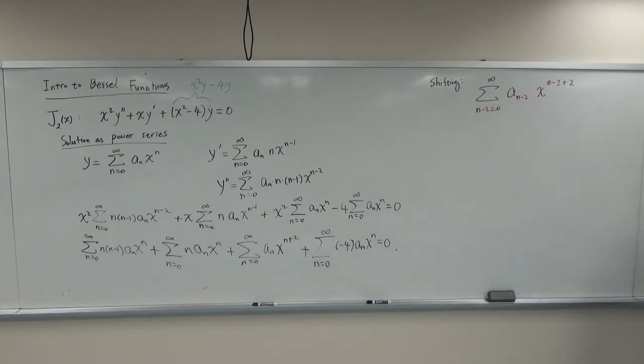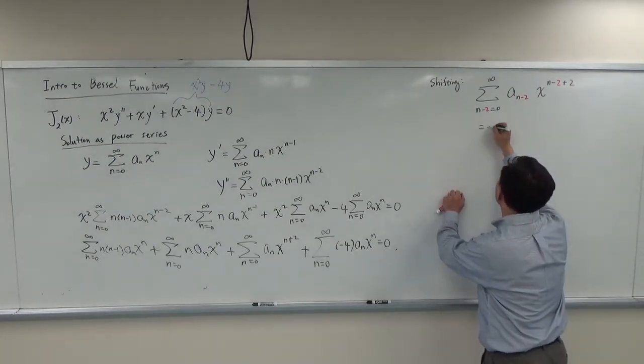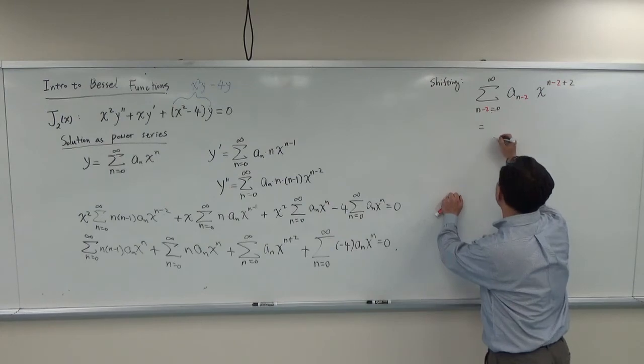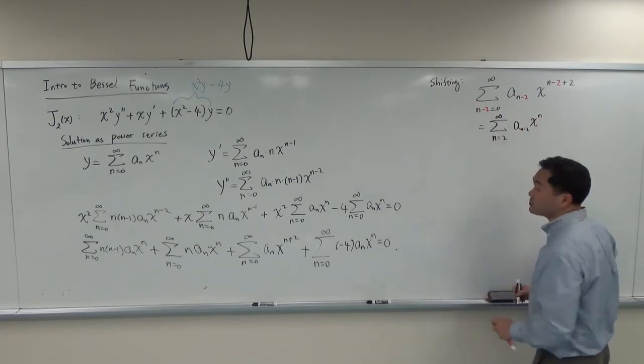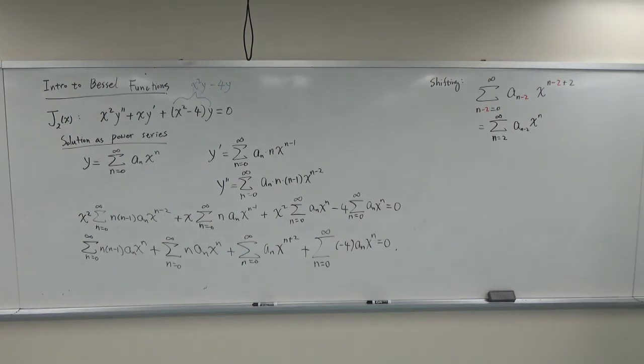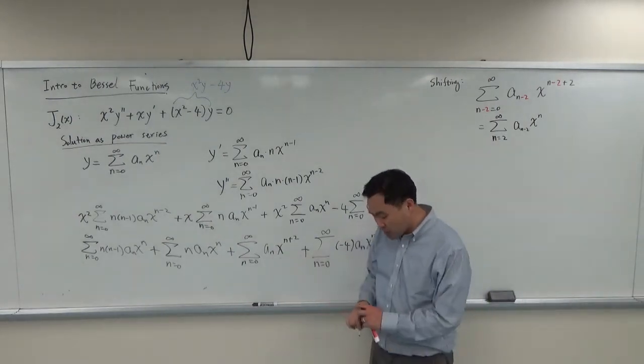Now you should still check that even after doing the shifting, the summation is still the same. So let's do the shifting and then compare, okay? If you solve this for n, that's n starting from 2. Just like that, right? Now let's compare this with the original one. What do you get if you plug in n equals 0?